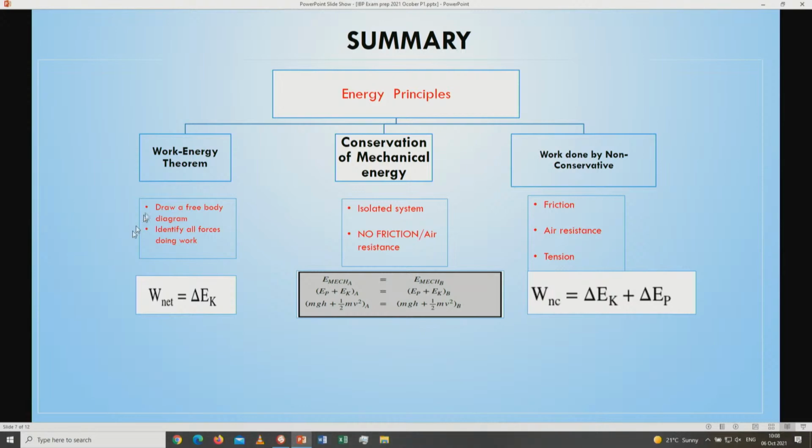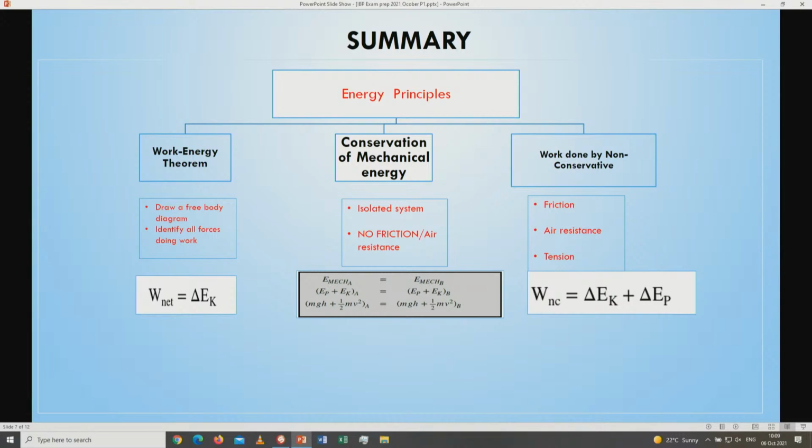Once I am able to draw the correct free body diagram and identify all the forces doing work, I can easily apply the work energy theorem. I'm putting my head on the block and saying the work energy theorem always works. So if the question says use energy principles to calculate for 1, 2, 3, the first option you can go for is the work energy theorem.